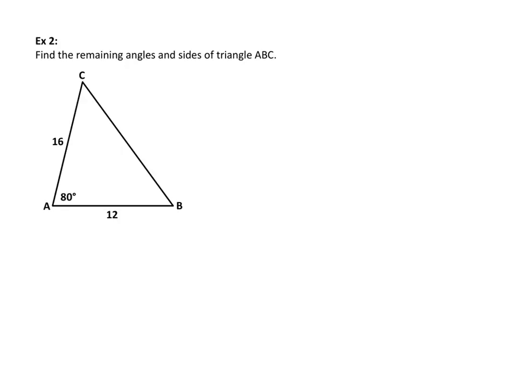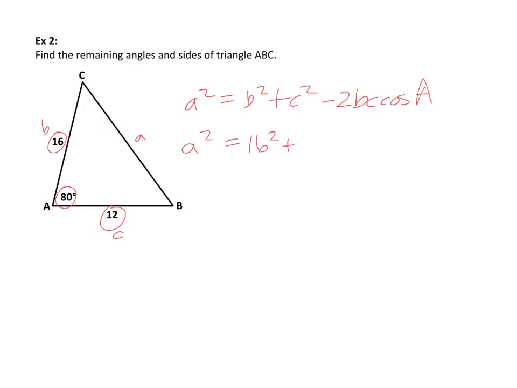Okay, here I have a side angle side situation. So I'm going to apply the law of cosines. This is my A, this is B, that's C. So I have A squared is equal to B squared plus C squared minus 2BC cosine of A. Plugging in all the information I have, A squared is equal to 16 squared plus 12 squared minus 2 times 16 times 12 cosine of 80 degrees.